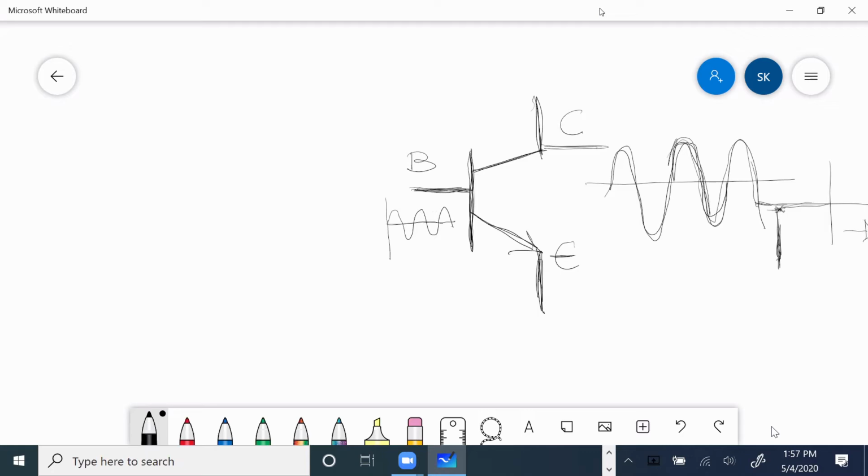That is the statement, and it could be true about DC current. For example, 5 microamp of DC current to the base will give me, say, 5 milliamp of DC current at the collector.